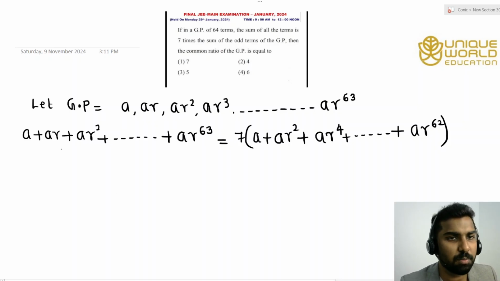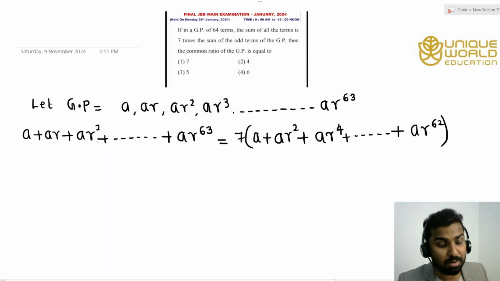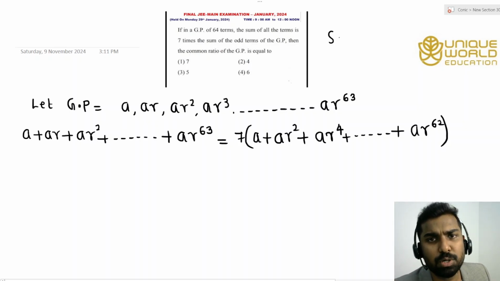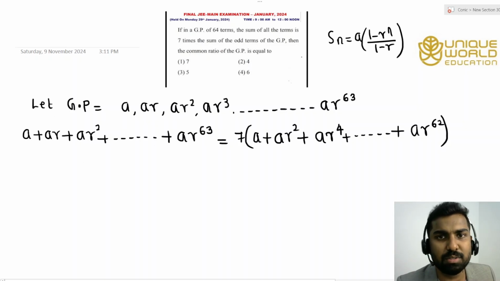Now let's apply the formula. We don't need to know a or r, we just apply the standard formula: S n equal to a into 1 minus r power n divided by 1 minus r. No issues at all. Here n will be equal to 64, we are having 64 terms.